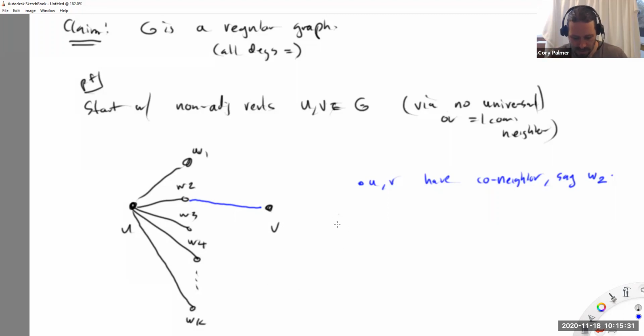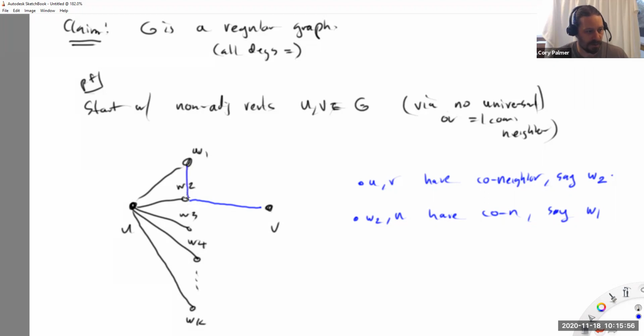Okay. And then we look at W2 and U. They have a common neighbor. Say that's W1. I'm still looking at U and W2. They're adjacent to each other, but that's fine. They also should have a common neighbor. That common neighbor is definitely among the Wi's again, because those are the neighbors of U. And that could be anything.